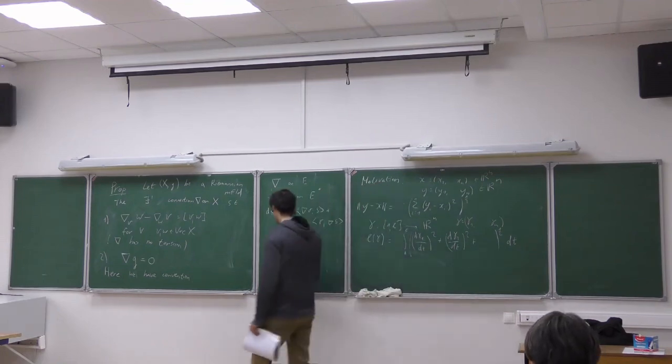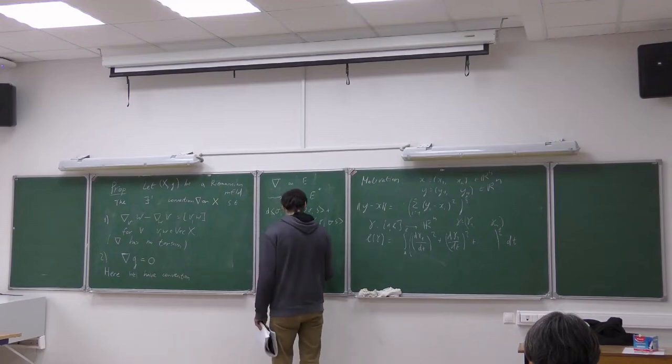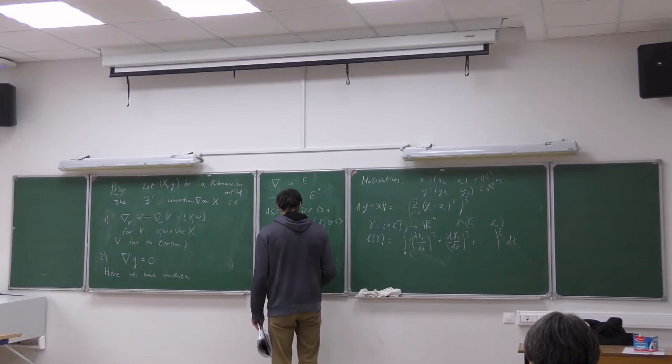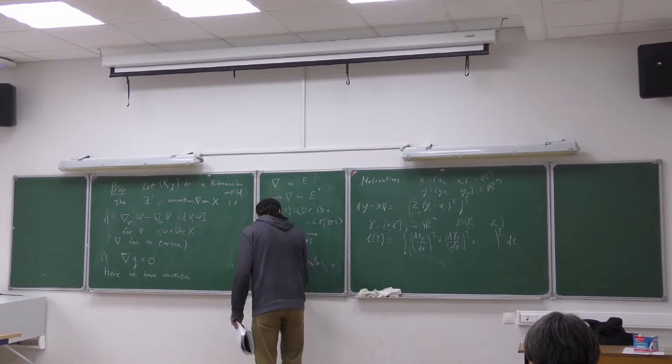You just define it by the Leibniz rule: nabla of S1 tensor S2 is nabla S1 tensor S2 plus S1 tensor nabla S2.